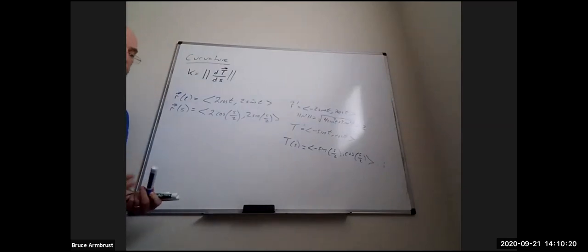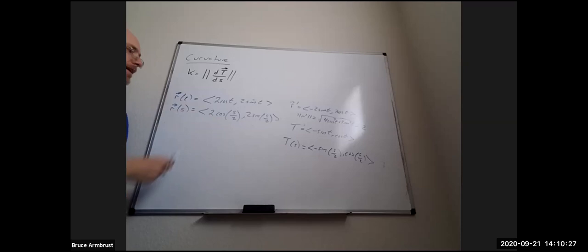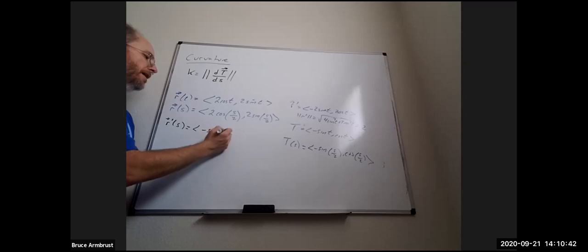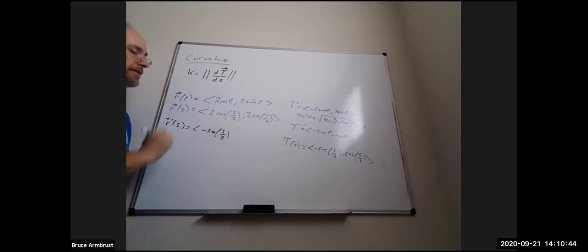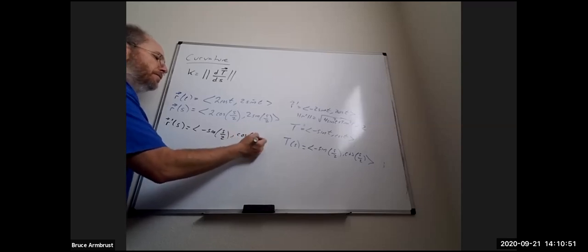And believe it or not, you probably do believe it, if we had just found R prime of S here, we get exactly the same thing when we divide by its magnitude. Let me actually show you real fast. So R prime with respect to S is going to be minus sine of S over 2, because the 1/2 comes out from the chain rule, and then cosine of S over 2.